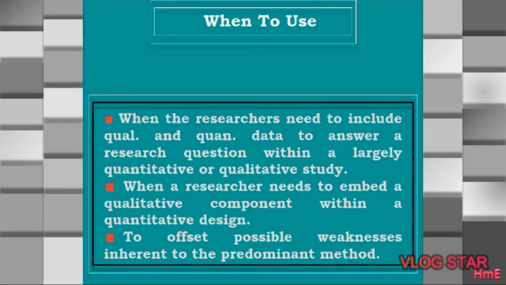Let's move towards the conditions when a researcher can use this design in his research. Firstly, when the researchers need to include qualitative and quantitative data to answer a research question within a largely quantitative or qualitative study. Second, when a researcher needs to embed a qualitative component within a quantitative design.